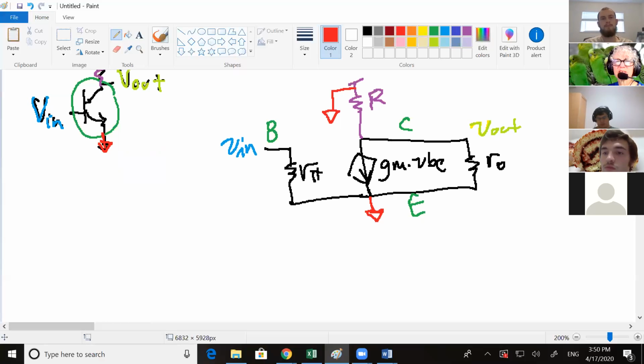Do you see any branches here that we can combine? R_O and R are in parallel. Exactly. R goes from this node to ground, and R_O also goes from that same node to ground, so they are in parallel. Let me redraw that.